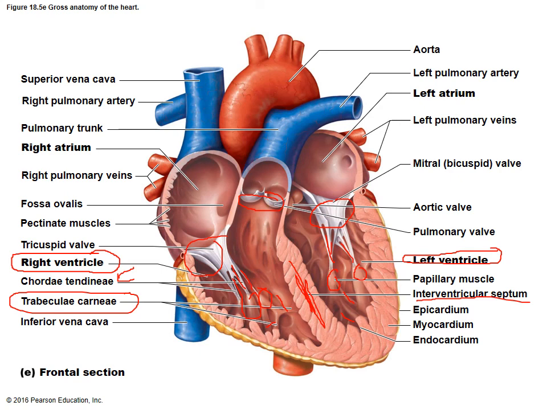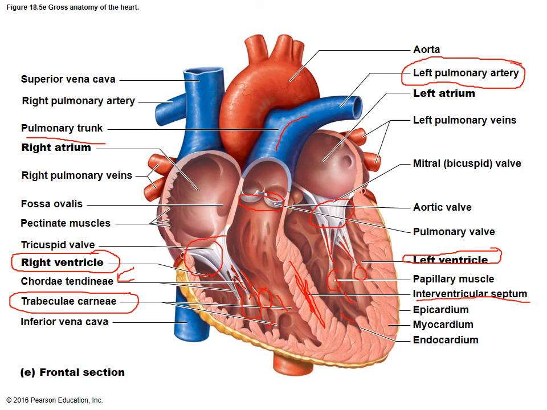But before we do that, I want to make sure that we can find the other blood vessels that were mentioned in our discussion. On our previous slide, we said that if blood is in the right ventricle, it will get pumped out through the pulmonary trunk, this big blue trunk right here. From the pulmonary trunk, it will go into the pulmonary artery.